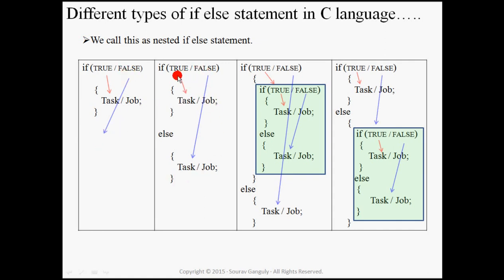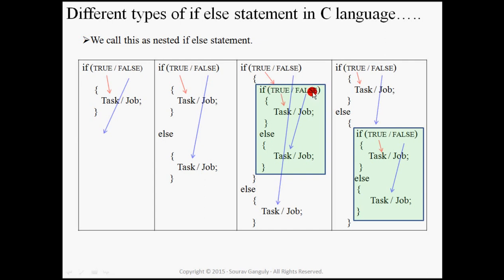In the next case, if this condition becomes true, then this first section will execute. If this condition becomes false, then this else portion will execute. Here, if the first condition becomes true, then the cursor comes directly into the next if statement.